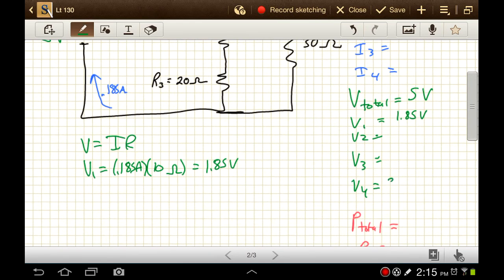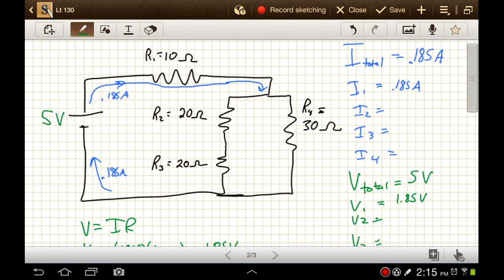3.15 volts. Some people find it useful to make a note as they go through here of what the electric potential at each point along the way would be. So we just say that the negative end of the battery, we'll call that a 0, and then we'll call this 5 volts. And then over here we dropped by 1.85, so this is 3.15 volts still here, and this has to be 0 volts.